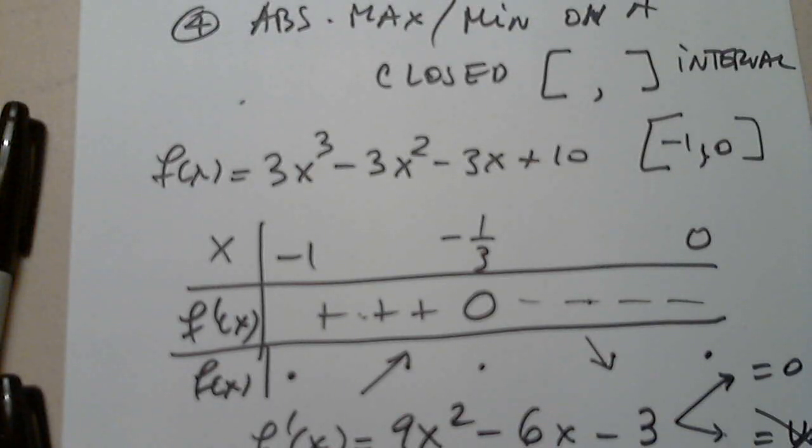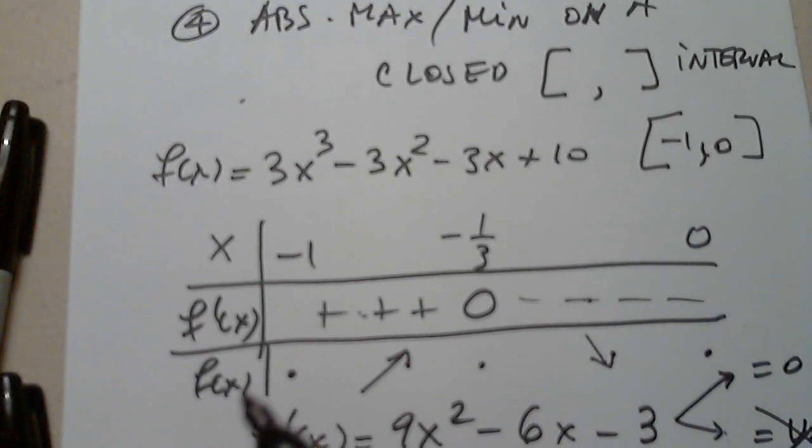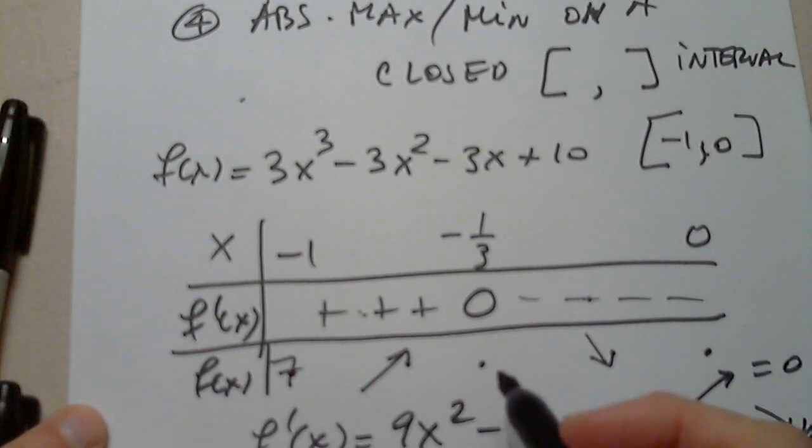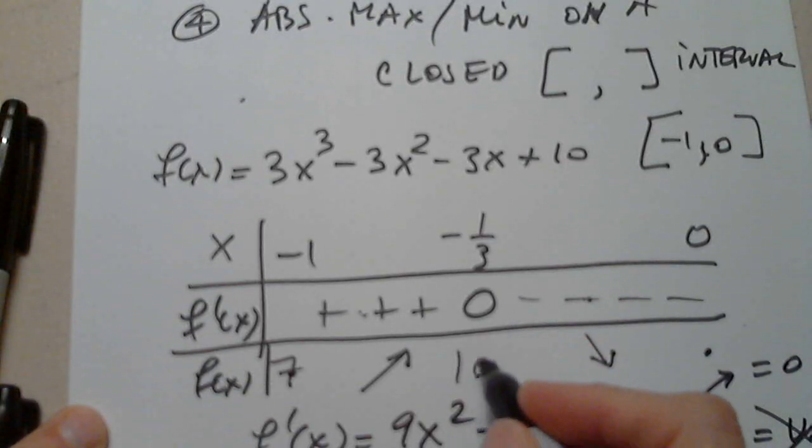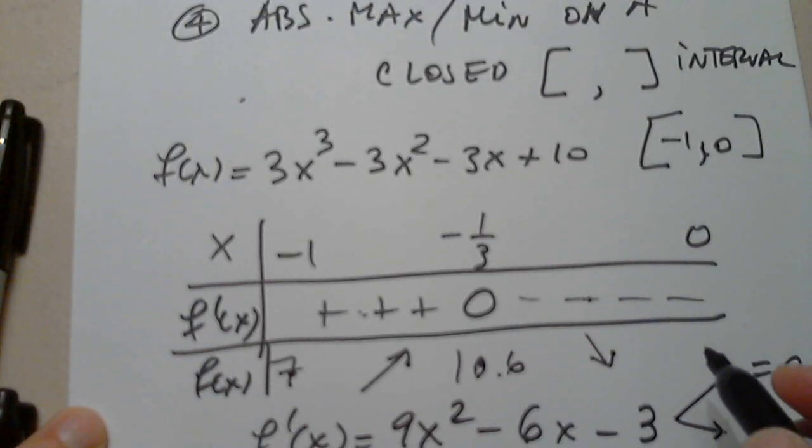Negative 1, negative 1 divided by 3, and 0. That's all I care about. So the first one gave me 7. The next one gave me 10.6. And the last one gave me 10.